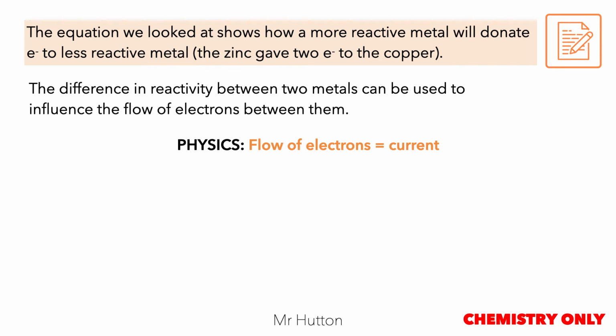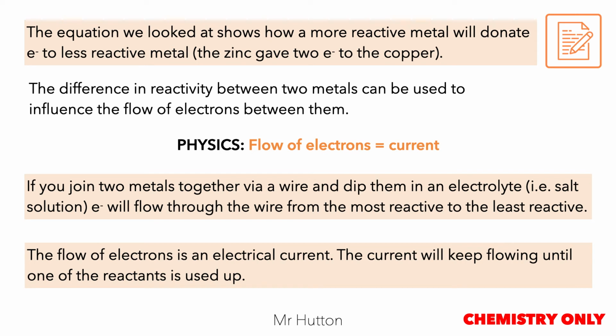So if we've got a movement of electrons between two metals, a flow of electrons, we know from physics that a flow of electrons is equal to a current. So if we could join two metals together via a wire, and dip them in an electrolyte, which allows the flow of our ions, the electrons will flow through that wire from the most reactive metal to the least reactive metal.